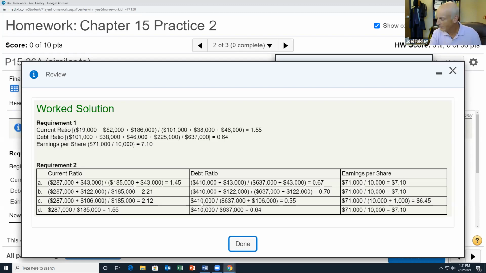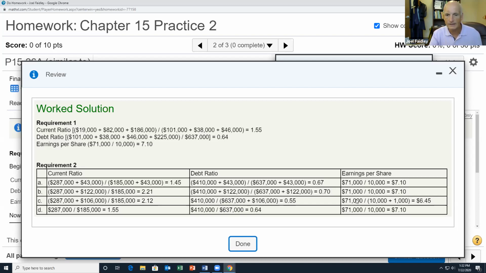I flipped it. It's 410 divided by 637 plus 106. Debt is on top. Good grief. All right. You see that there's 637 plus 106. I was adding the 106 to the 410. So 410 is my debt, and my asset is 637 plus 106, 0.55.